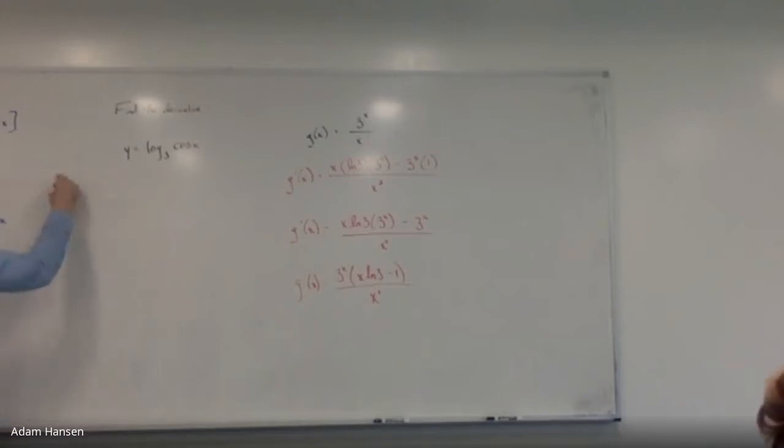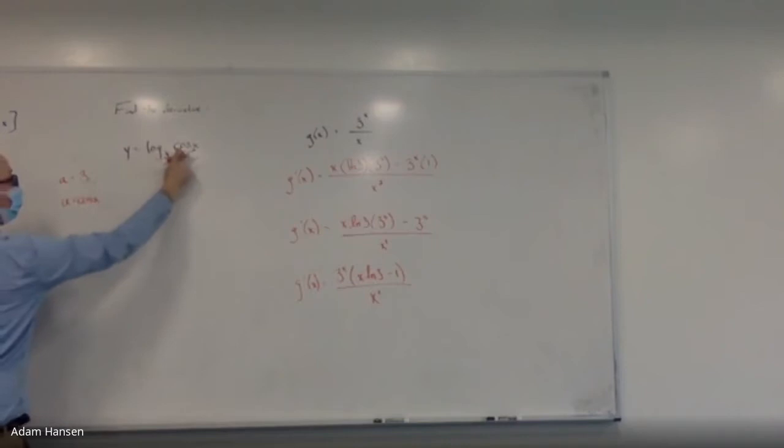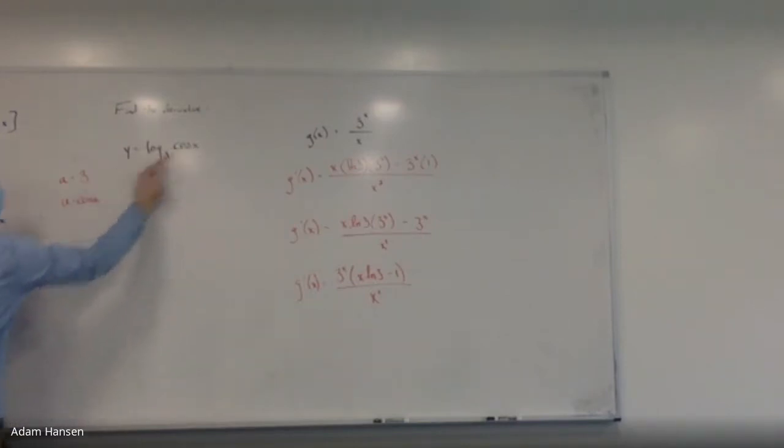What base is the log in? 3. What would u be? Which function? Log base 3 of cosine x is log in base 3, so a is 3. U is cosine x. If I find u, I'm kind of bound in terms of finding u prime.